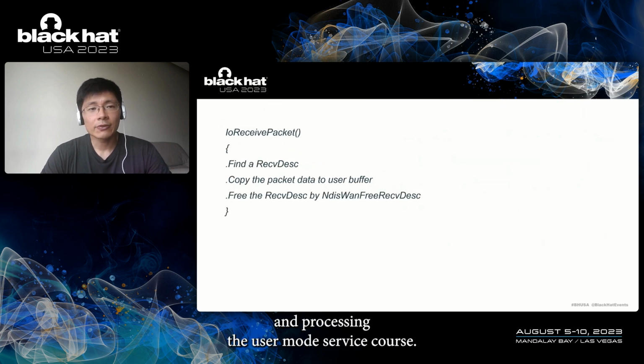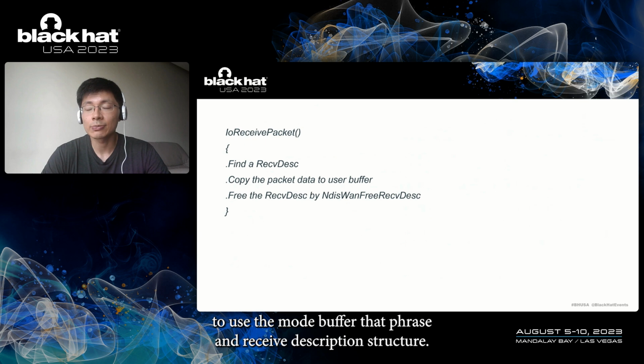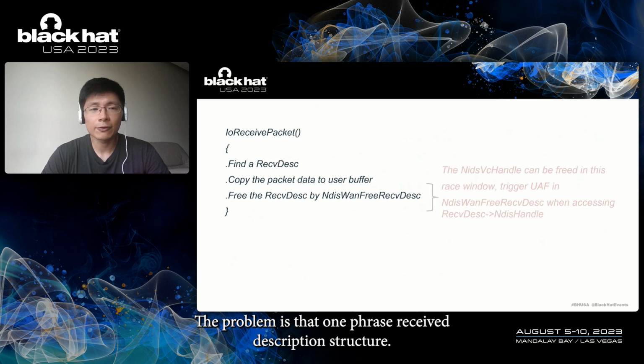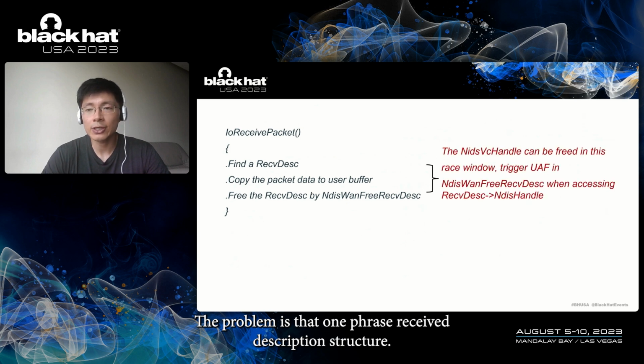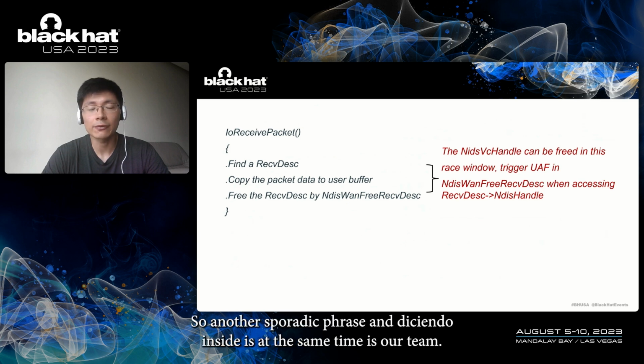The user mode service calls IO receive packet to receive a packet. It simply pops a receive description and then copies the packet data to a user mode buffer, then frees the receive description structure. The problem is that when it frees the receive description structure, there's no lock protection, so another thread can free the NDIS handle inside it at the same time, resulting in UAF.